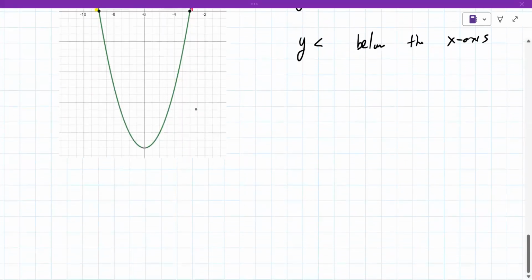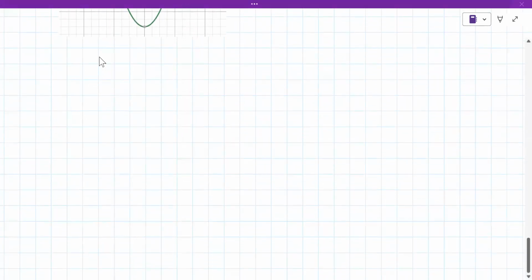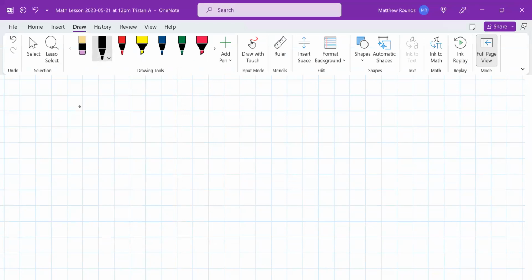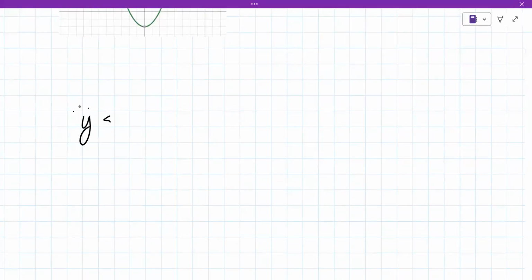All right, let's try one more of these just to get some full clarity on it. So let's say it's y less than or equal to x squared minus 4x minus 5. All right, so we want to factor this.